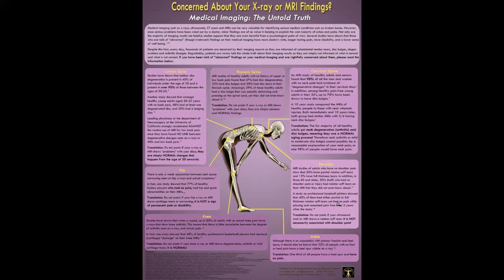A study on professional baseball pitchers showed that 40% of them had either partial or full thickness rotator cuff tears, yet had no pain while playing and remained pain-free even 5 years after the study. Translation: do not panic if your ultrasound and/or MRI shows a rotator cuff tear. It is not necessarily associated with shoulder pain.